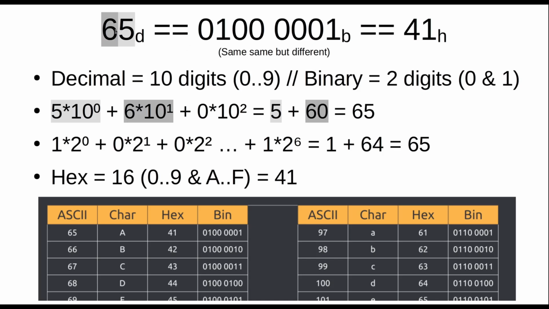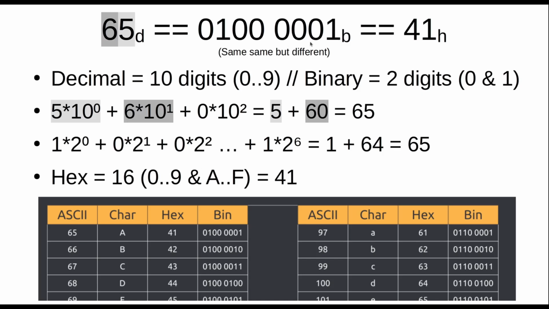And so 65 in decimal is the sequence in binary, and in hexadecimal you just always take 4 bits and convert this number into the hexadecimal system.